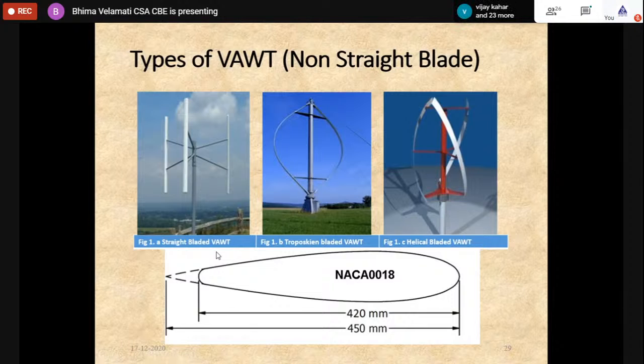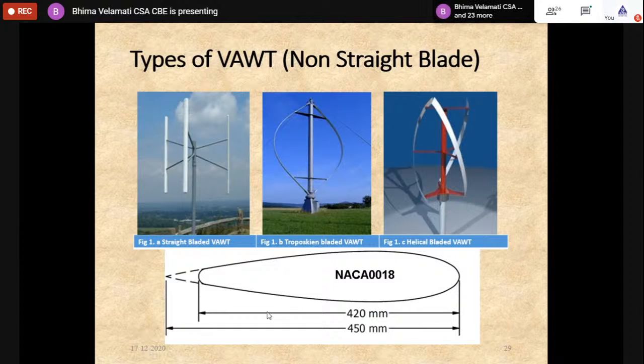We have been working on non-straight blades. One of them is called the egg-beater shape, named after the person who invented it, Proposkin. The other one is the helical turbine. These two are difficult to fabricate, but at small scale, at 1 kilowatt or 2 kilowatt turbines, it is much easier now because of 3D printing.